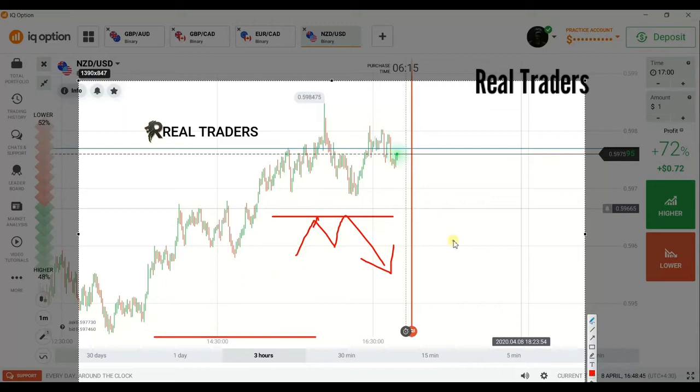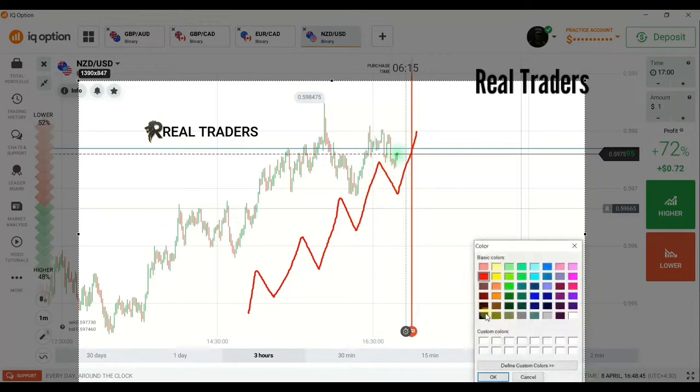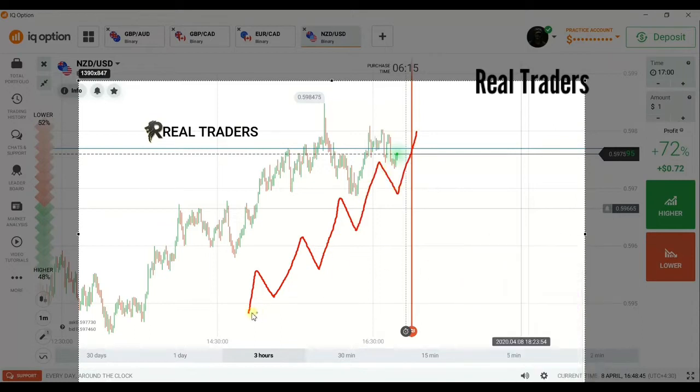And also we have a pattern that the market will create in the uptrend. This is the uptrend pattern. In an uptrend the market moves like this. As you can see here, we have a low and this one is called a high.